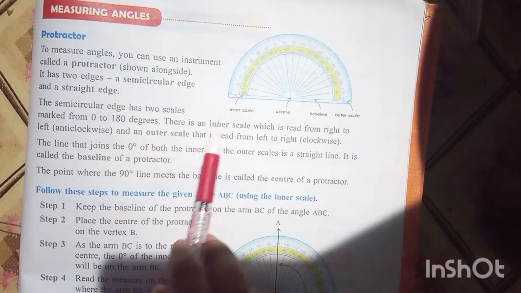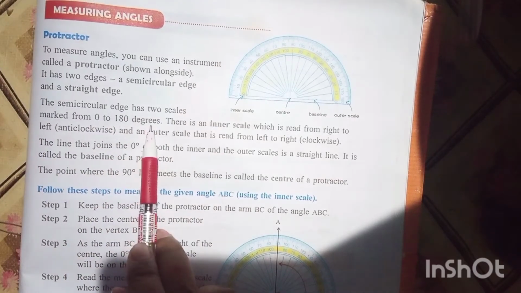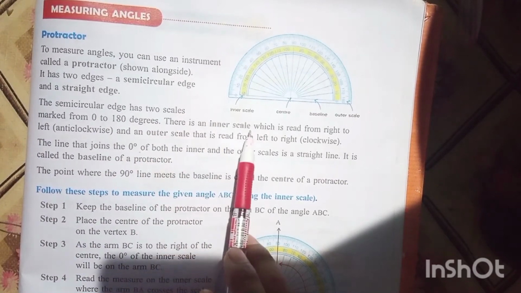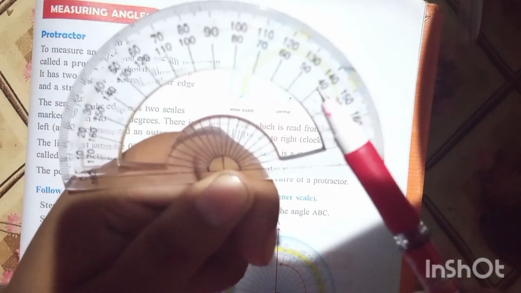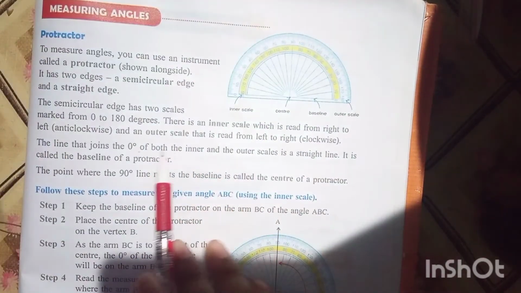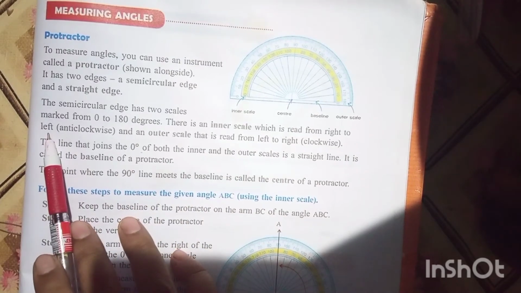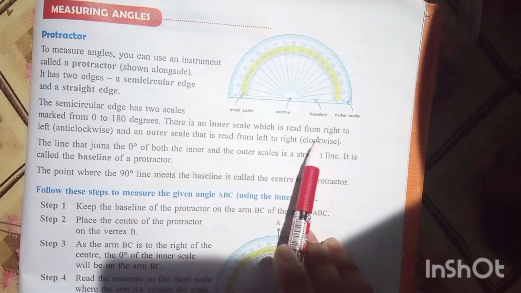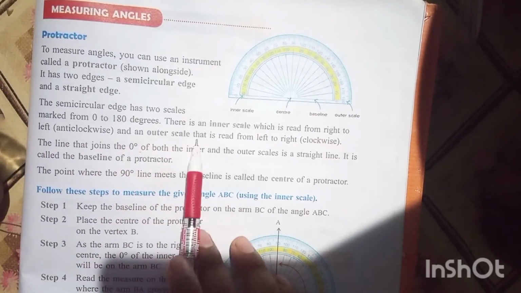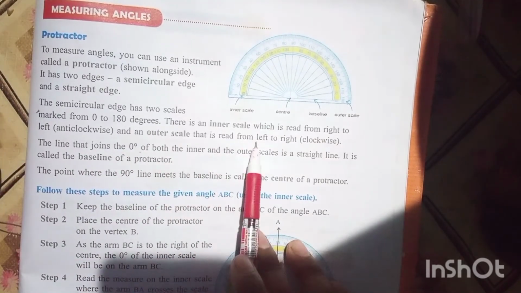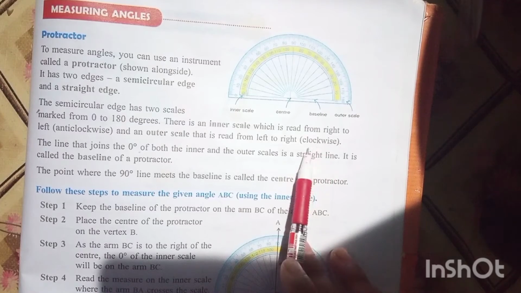The semicircular edge has two scales marked from 0 to 180 degrees. There is an inner scale, the inside one, running from right to left, and an outer scale running from left to right.